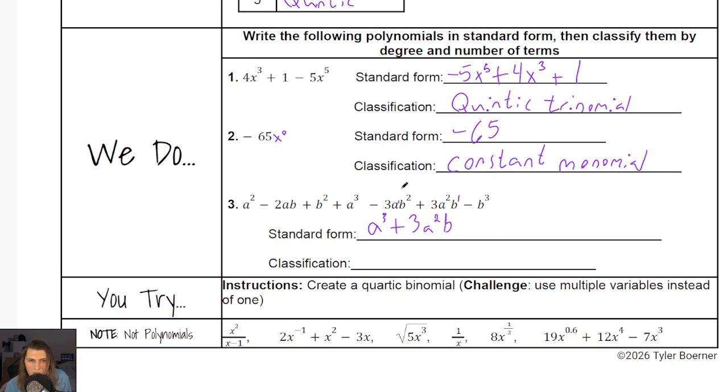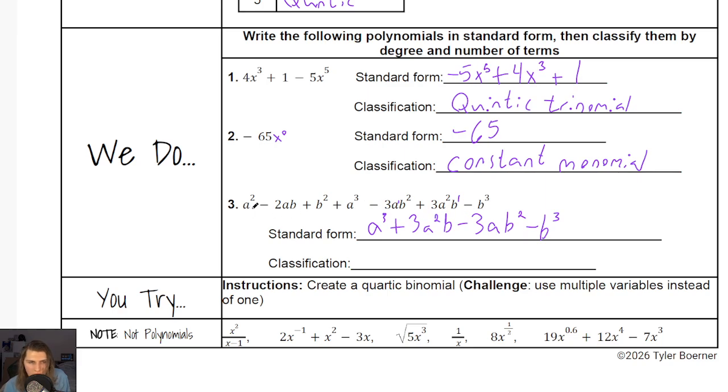Then we're going to go to this term. So we have negative 3ab squared. Because remember, if we're doing it alphabetical, A comes first, and then our other terms that start with A. Then we're going to put B, so minus b cubed. And then we can look over here.